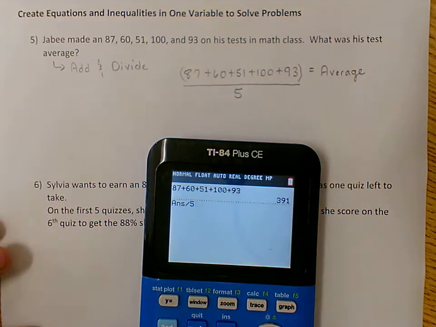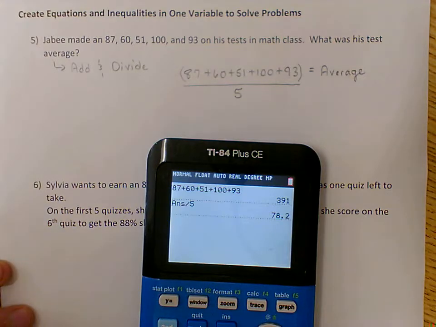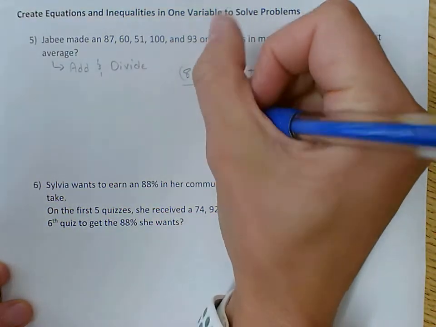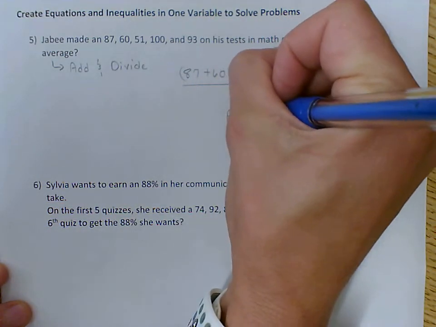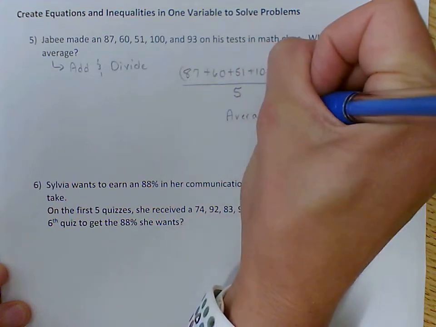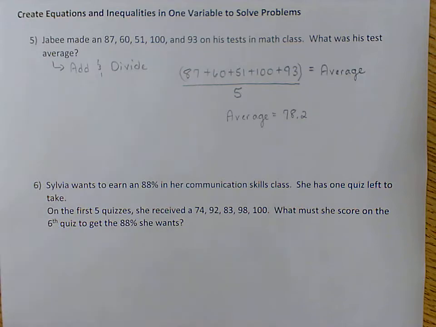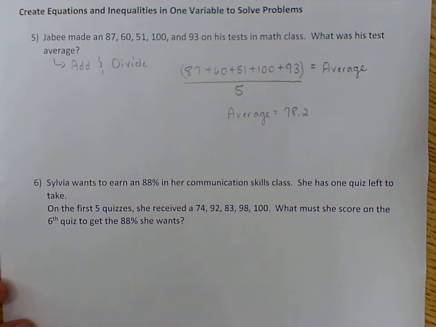But I did not do that, so I had to do it separately. And so if that was his test scores, then his average would be a 78.2. So the average is equal to a 78.2. Using that, you can actually play around and figure out some stuff with your grades.